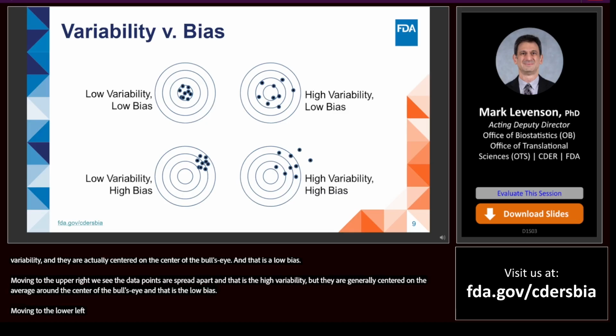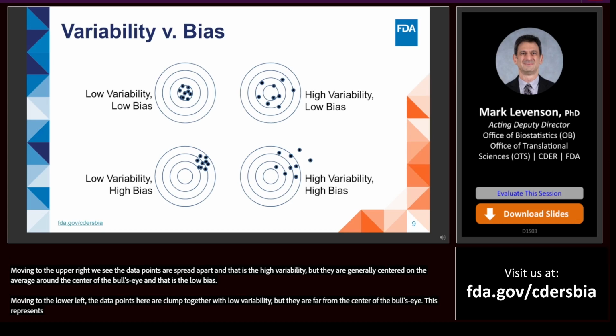And finally, the combination of the two, in the lower right, we have the data points spread apart and not really centered around the middle of the bullseye, and that's high variability and high bias. So those basically informally define these two terms.